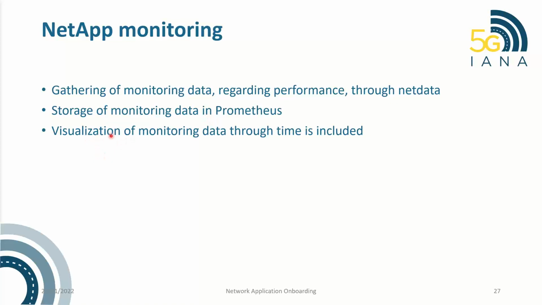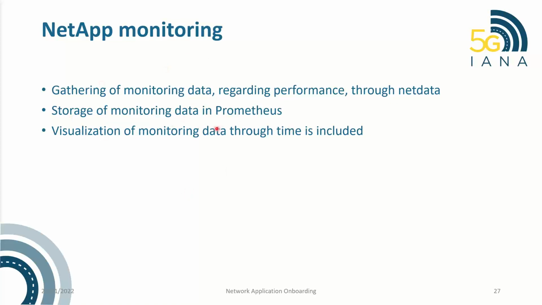The monitoring is the part where we gather specific information, and this information at the moment relates to metrics collected from the running applications. And we can say more things also in our meeting tomorrow about this.